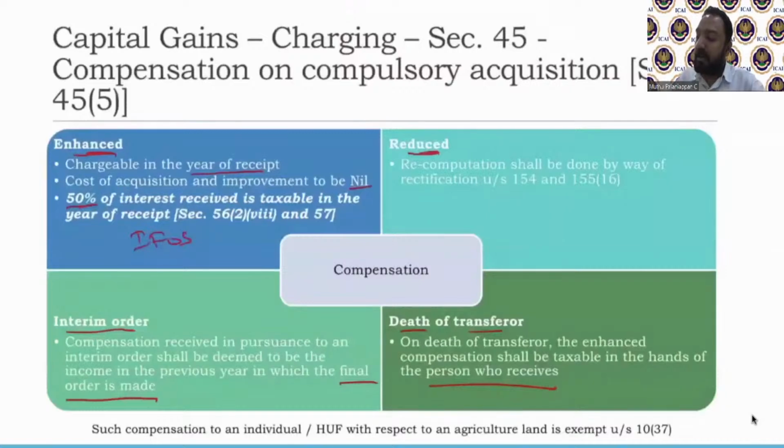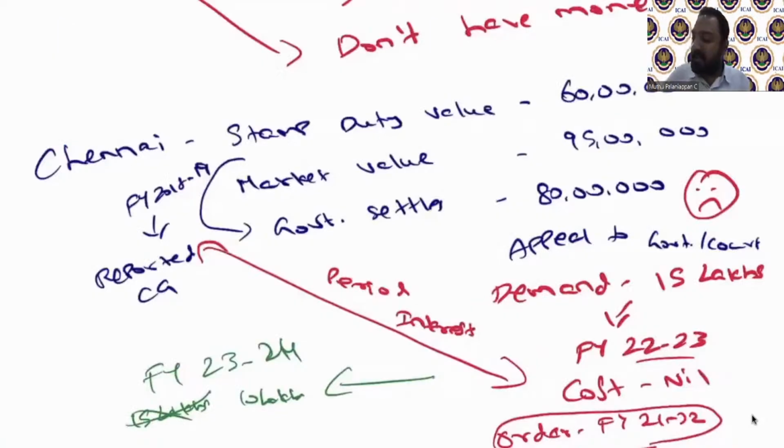We are reducing it. So if there is anything that reduction needs to be done, the recomputation shall be done by the assessing officer. For whichever year I would have filed my return, in financial year 22-23, I would have filed my return reporting 15 lakhs. But in 23-24, I realized it is not 15 lakhs, it is 10 lakhs.